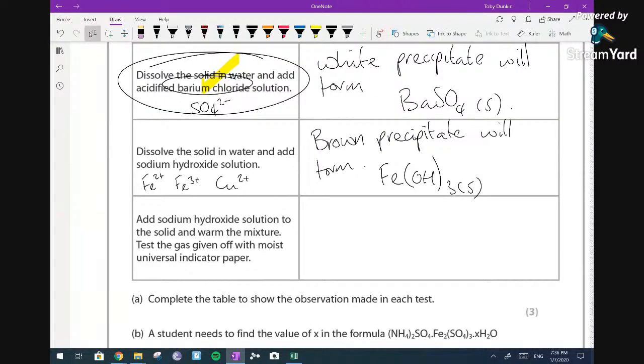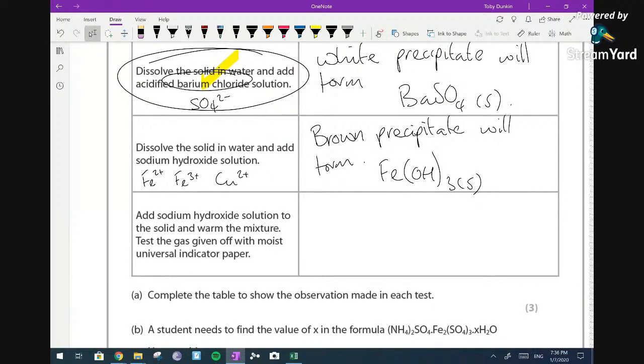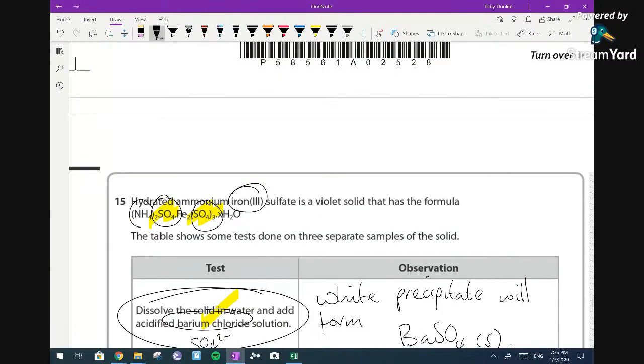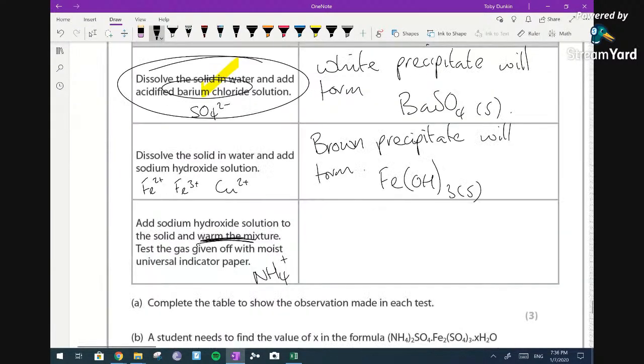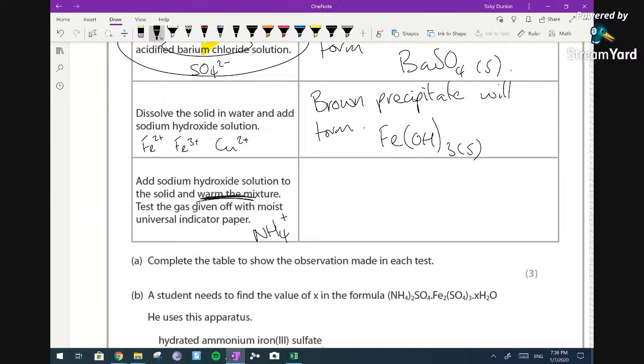Iron 2 is green. Right, the next thing is they add some sodium hydroxide and warm the mixture, and test the gas given off with paper. So now they're testing for the ammonium ion. To test the ammonium ion, you add sodium hydroxide and warm it, and then test for the gas. Is it there? The answer is yes, it is. So the observation is the damp universal indicator paper will turn blue or purple.